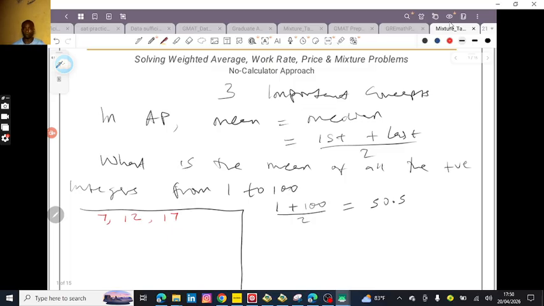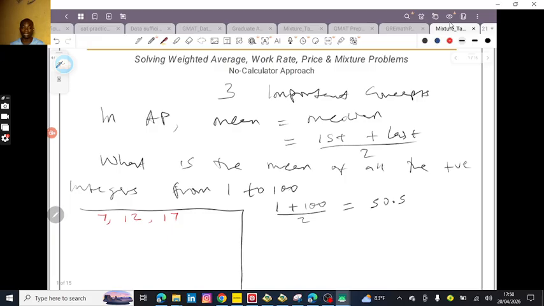Other things that might be useful to know: generally mean and median. For the median of odd sets, 7, 12, 17 is an odd set, right?